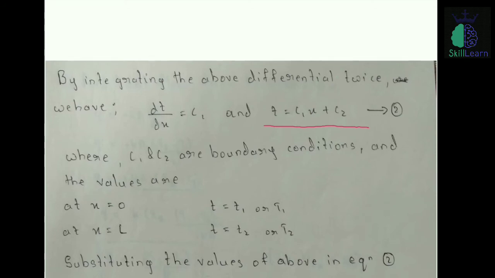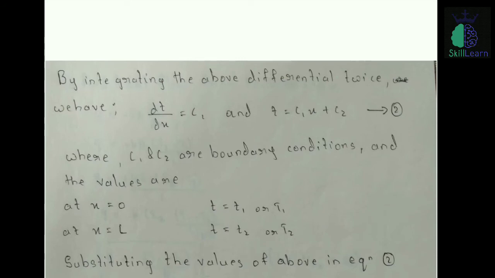When we apply the first boundary condition, x is equal to 0, the C1 term becomes 0 and the remaining term is only C2. When we apply the second boundary condition, x is equal to L, it becomes C1 into L plus C2.